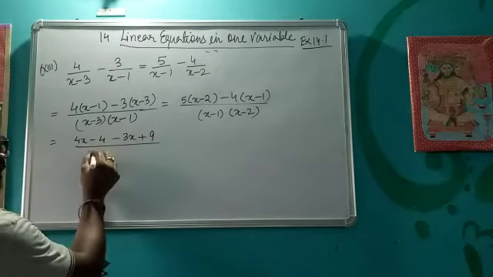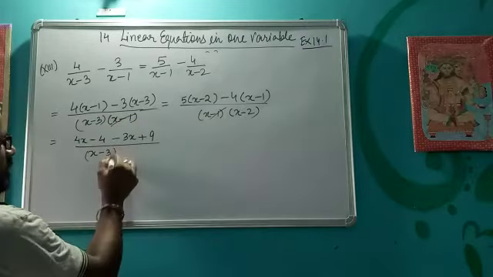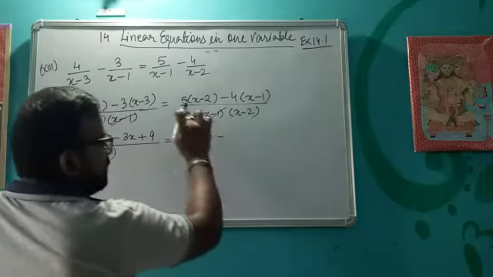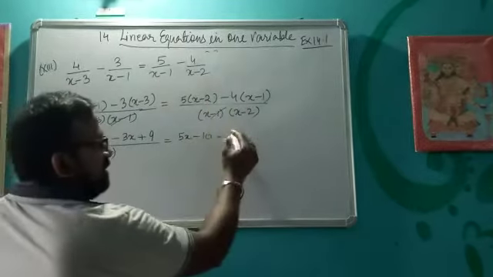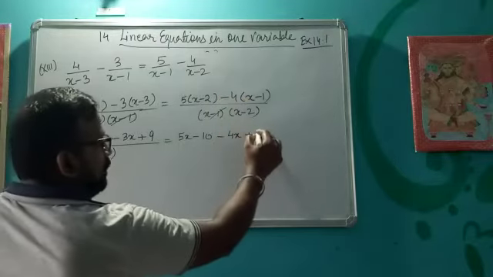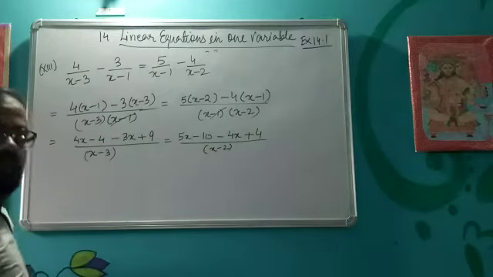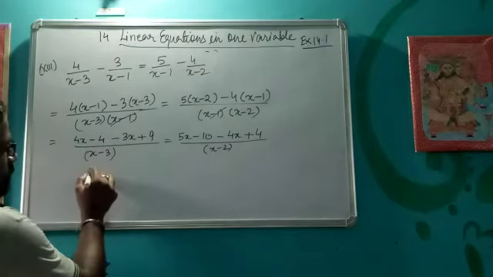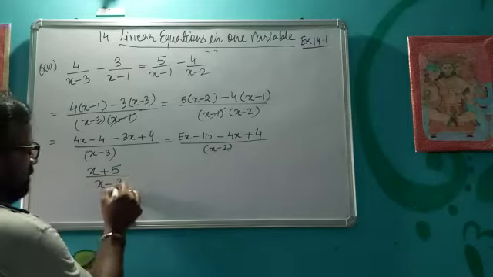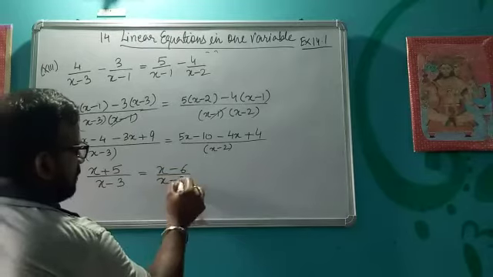Okay, and we will not solve it. So x minus 1 and x minus 1 will cancel out. Here it is 5 into x minus 10, minus 4x, minus minus plus 4 into 1, x minus 2. So finally it is reduced in the form x plus 5 upon x minus 3 equal to x minus 6 upon x minus 2.